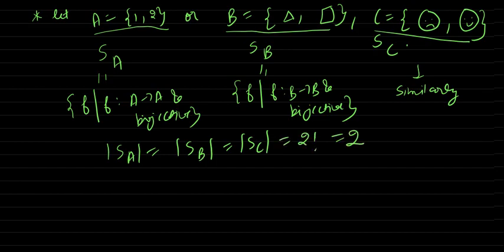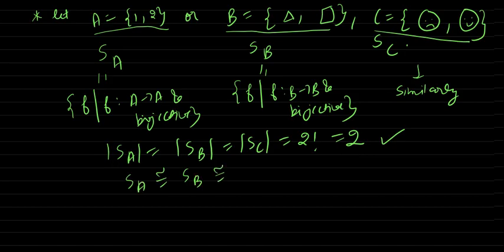It is very easy to check that the number of bijections on a finite set A whose cardinality is n is n factorial. Similarly here, since there are only two elements in sets A, B and C, the number of bijections on each is 2. But these groups are isomorphic.